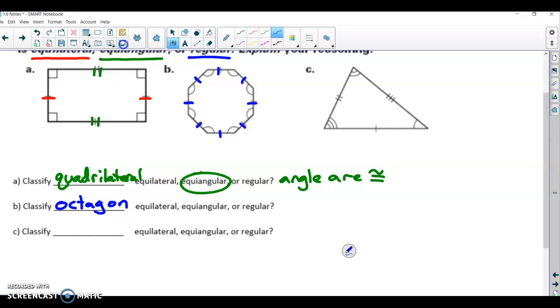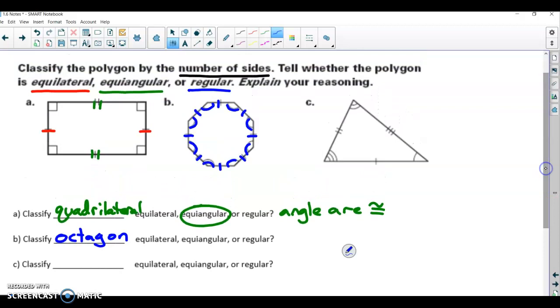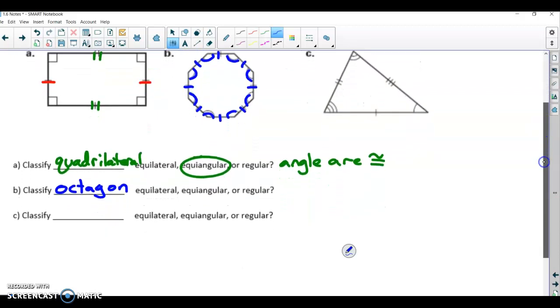Is it equiangular? We can look at all the angles. We can see all the angles are congruent, so it's equiangular also. So if it's equilateral and equiangular, it is regular. So this is a regular octagon.